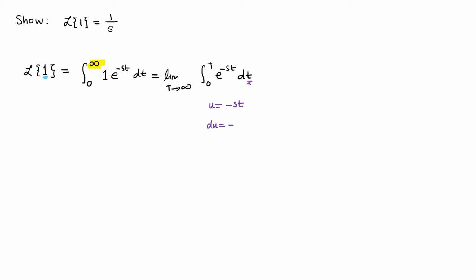So we see that our integral is going to change to this integral of negative 1 over s e to the u du, or negative 1 over s e to the u. And we can change back. So it's easy to find an antiderivative here.